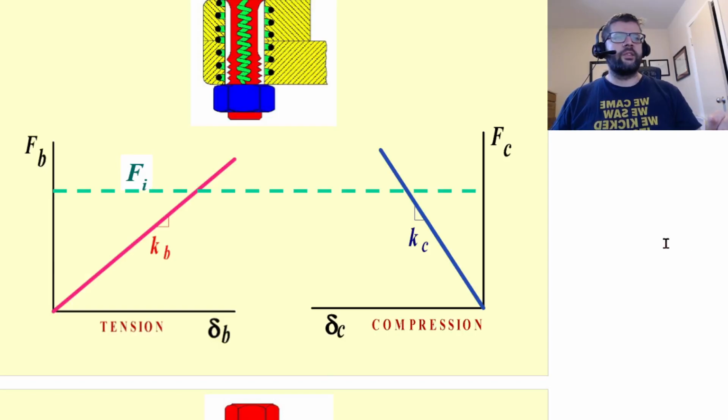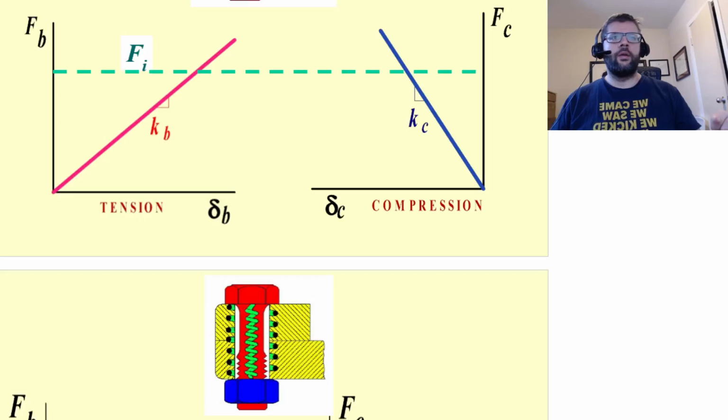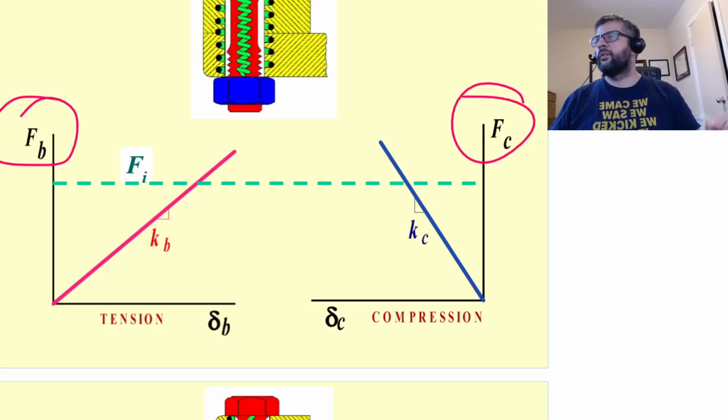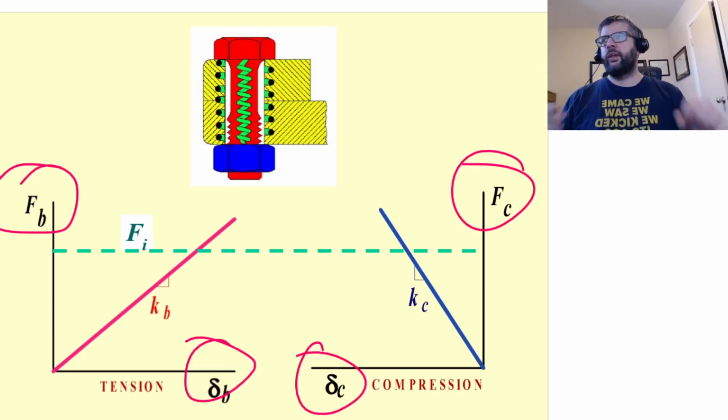So you're going to get a certain amount of force in the bolt and a certain amount of force of compression in the joint. And that is going to lead to a certain amount of stretching of the bolt and a certain amount of compression in the joint based upon the relative stiffnesses of those two.